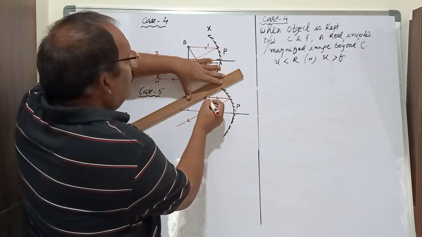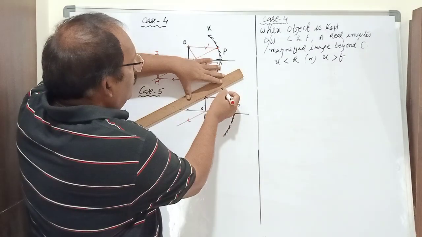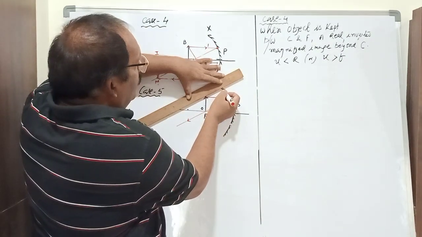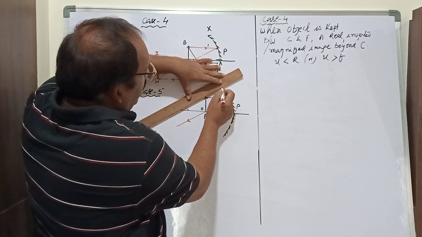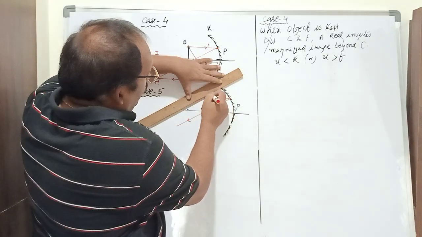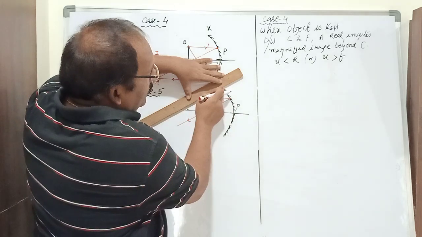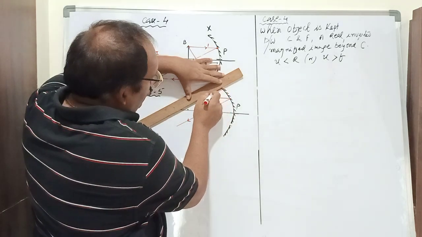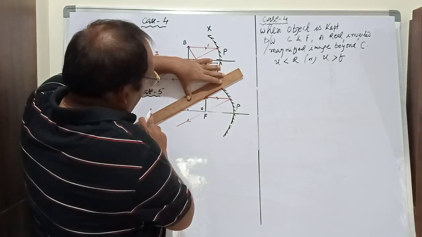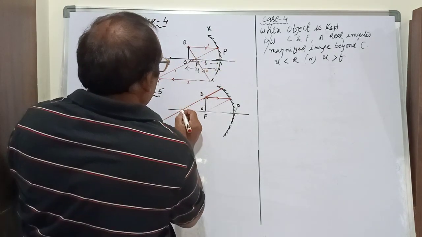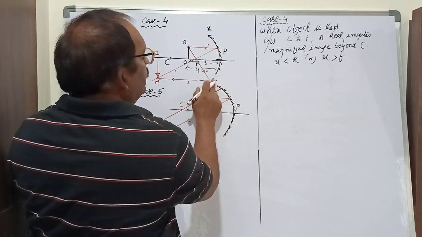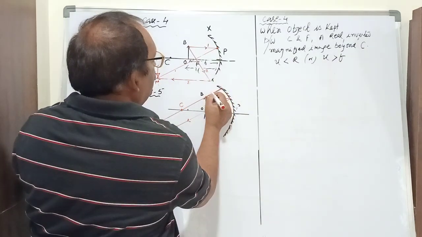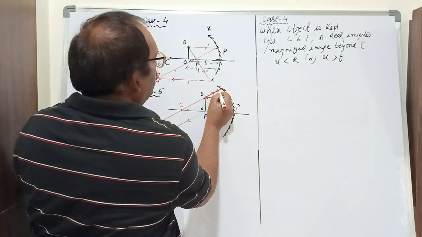This ray is traveling towards the mirror, and on the mirror it makes an angle of 90 degrees, so it has to come back like this. This point should be the center of curvature, and this would be the normal for this surface. So it is retracing its path.